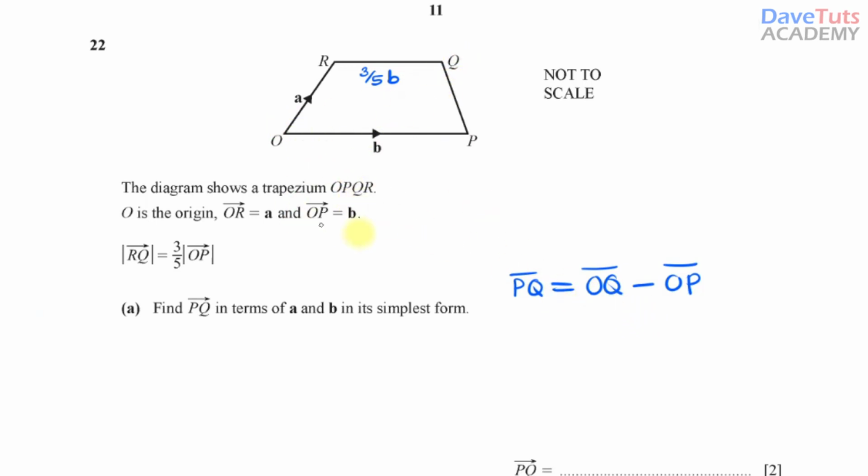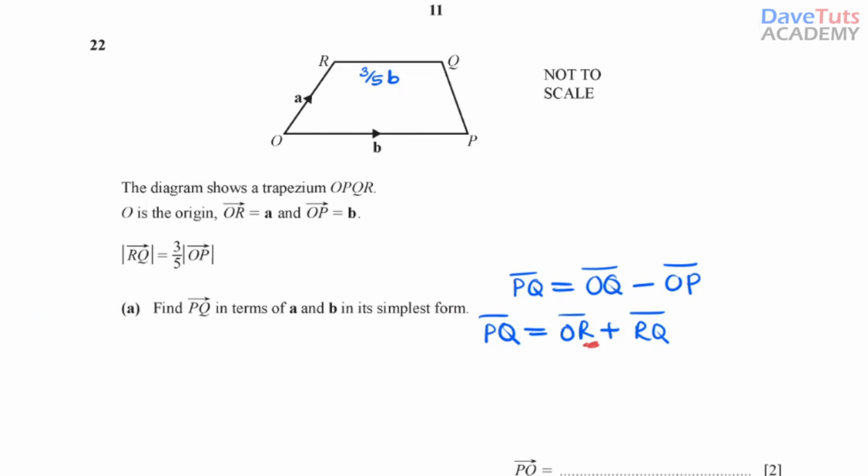Looking at this, you can see that OQ will be you moving from O to R, then moving from R to Q. So what we are looking for, PQ, is first OR plus RQ, and this is OQ.